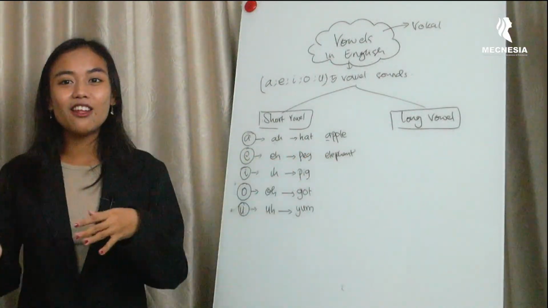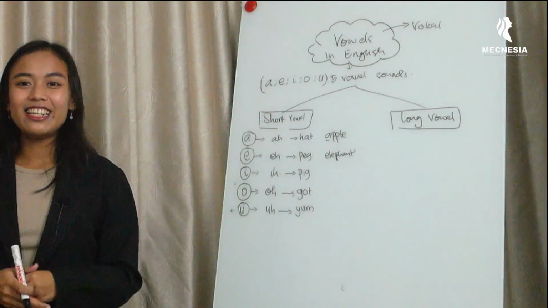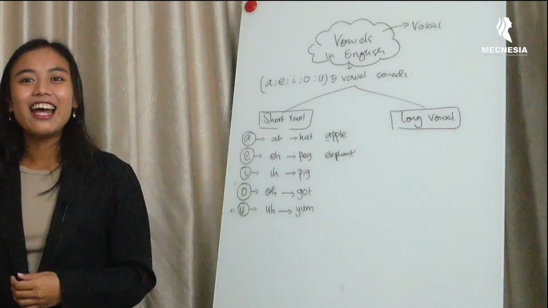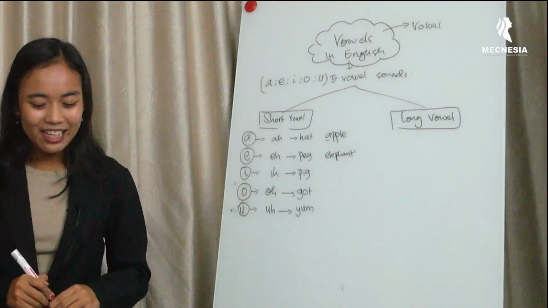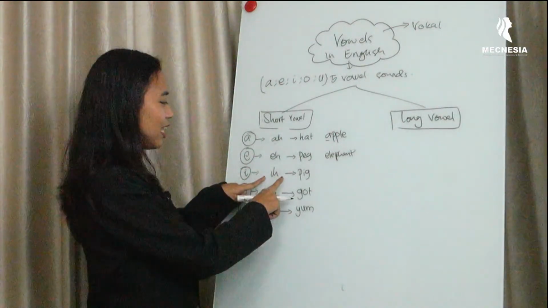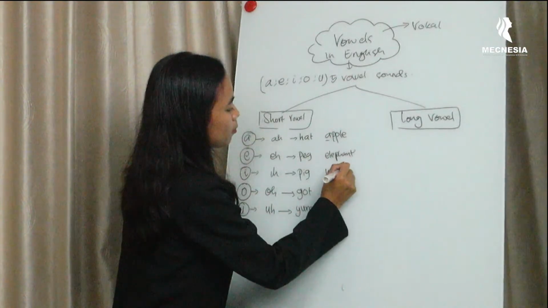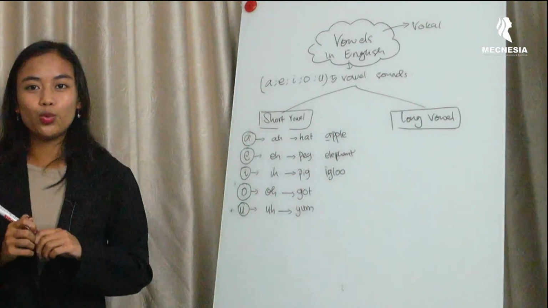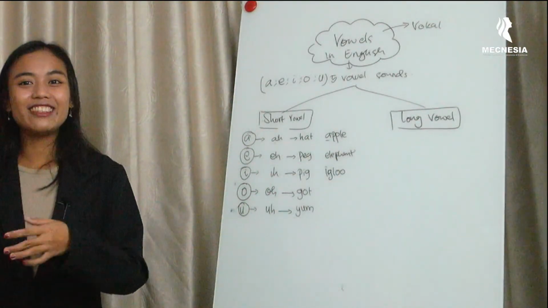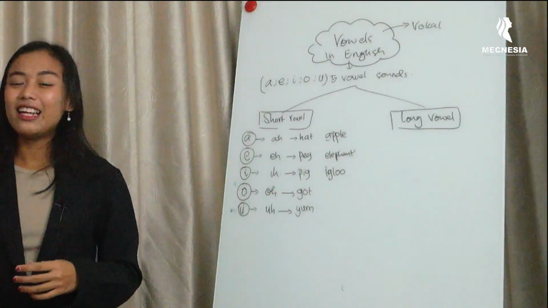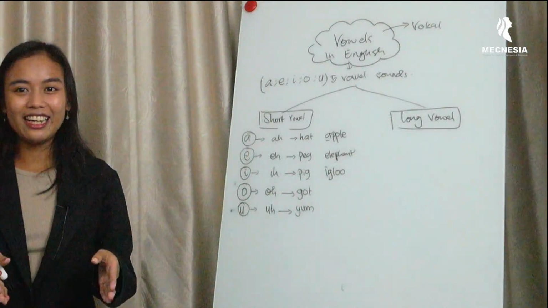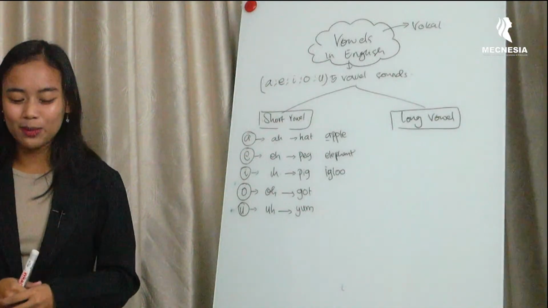As in elephant. Let's say it together. As in elephant. The next one is as in igloo. As in igloo. Let's pronounce it together. E as in igloo.